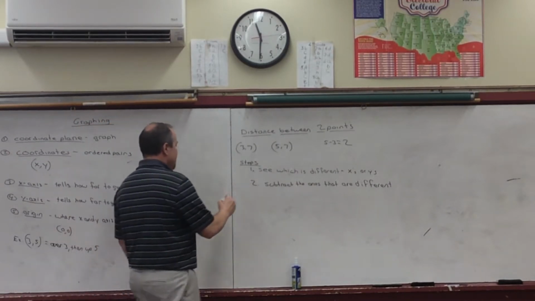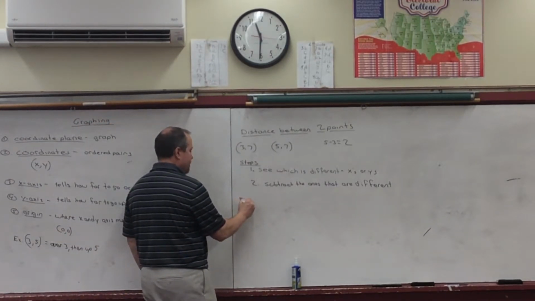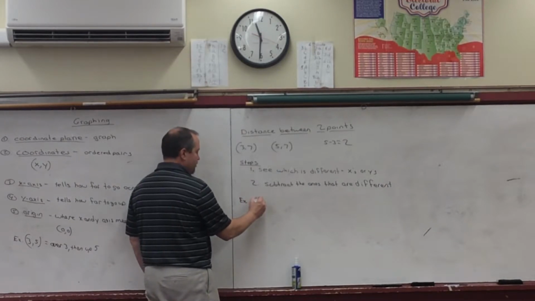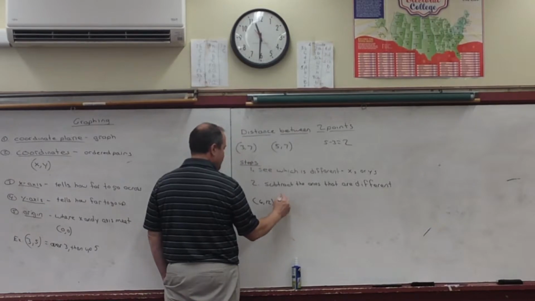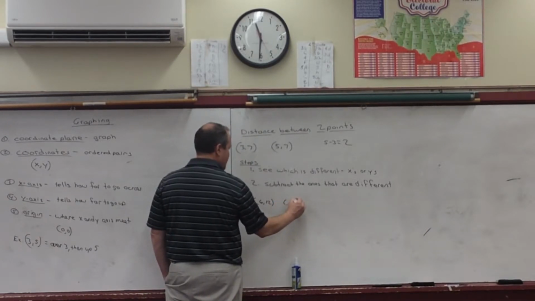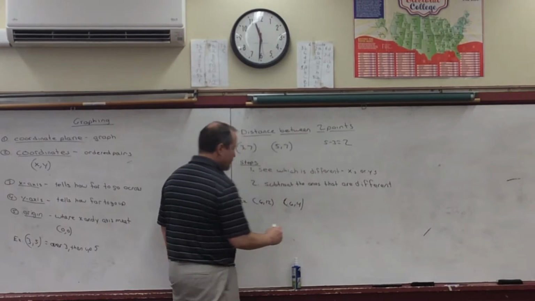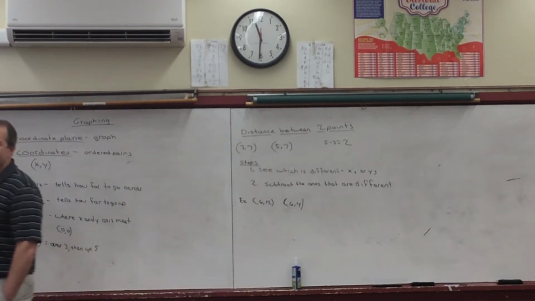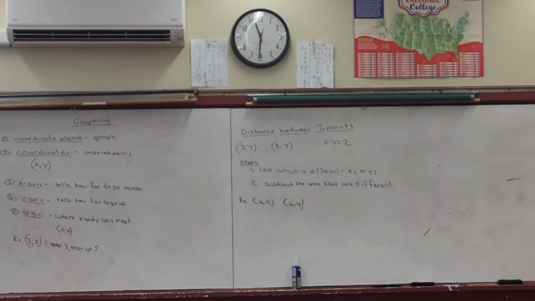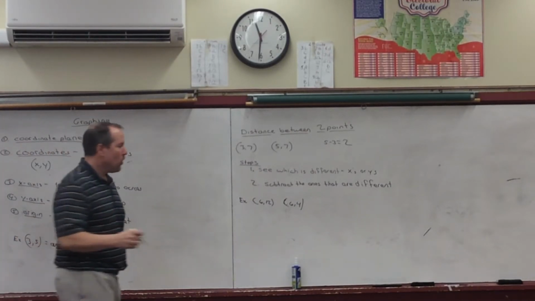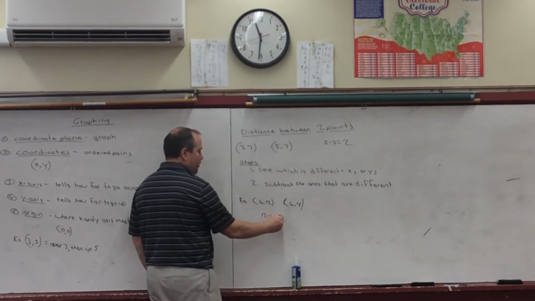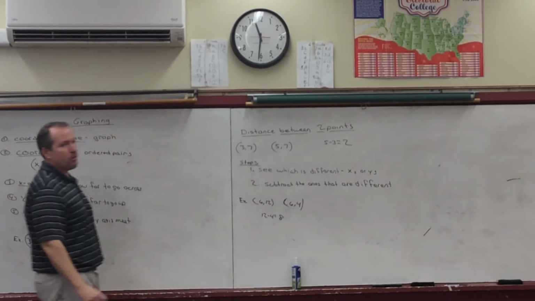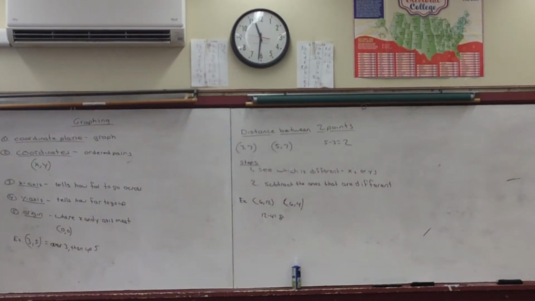If we do another one, ordered pair 6, 12, and ordered pair 6, 4, which one is different, the X's or the Y's? The Y's. So to find how far apart they are, we subtract 12 minus 4, and 12 minus 4 is 8. Those 2 points would be 8 apart.